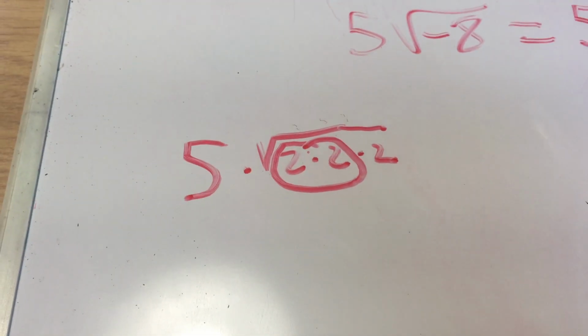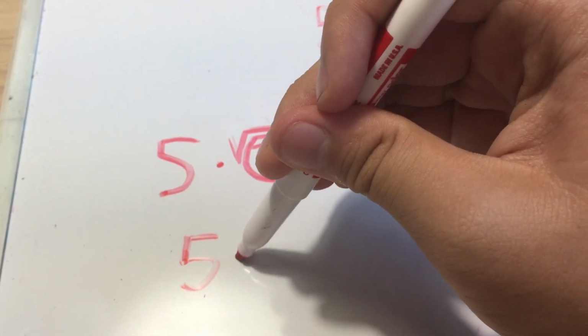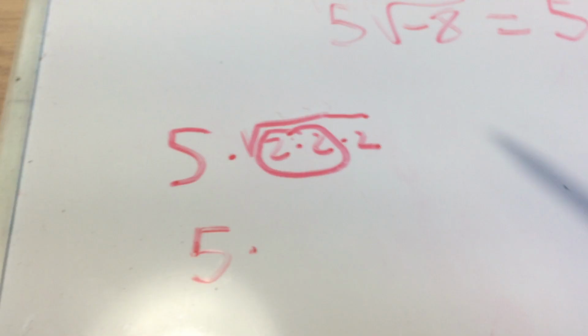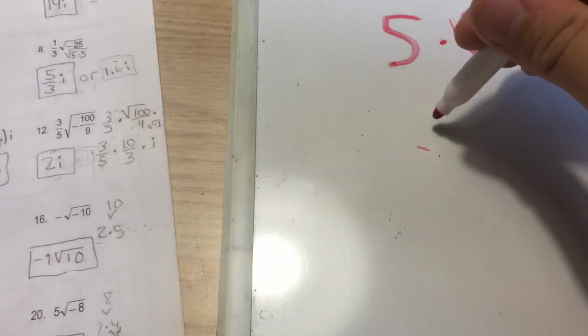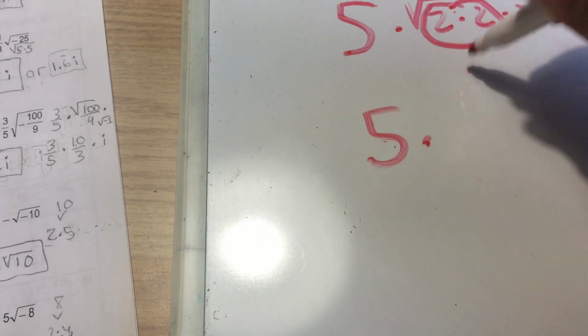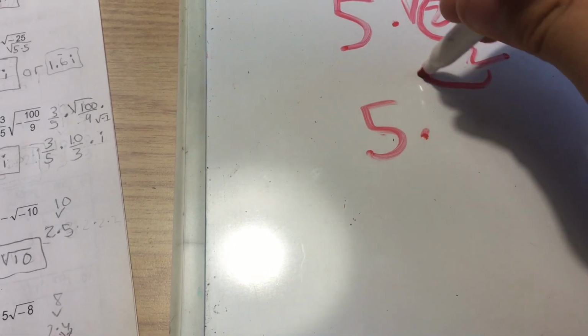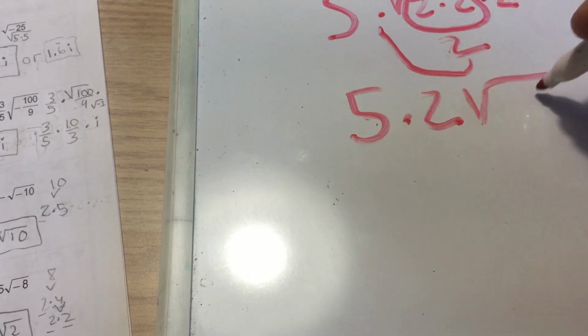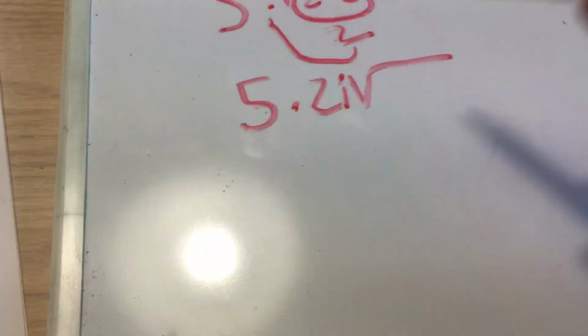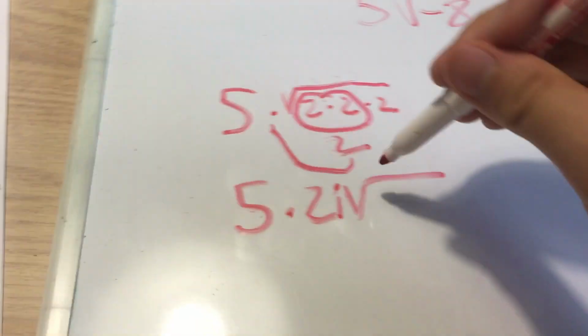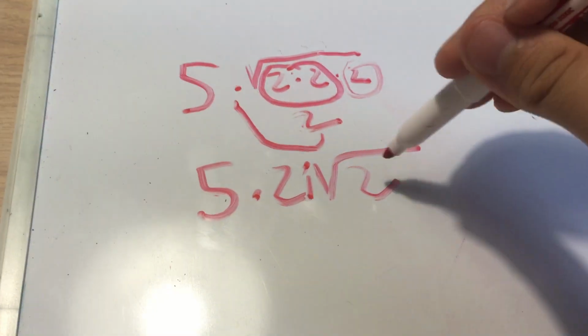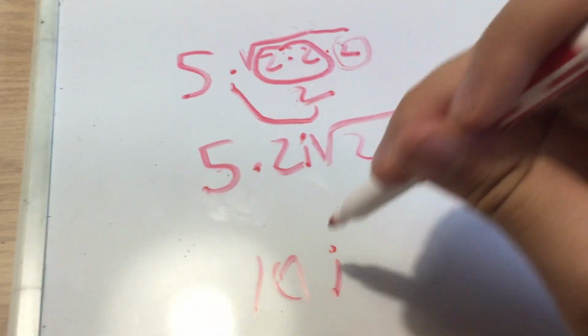The square root of 4 is 2, so pick out 2 and move it up here. 5 times 2. And remember, the square root of negative 1 is i, and then you're left over with 1 of the 2, so you put the square root of 2 there. That gives you 10i square root of 2 as your answer.